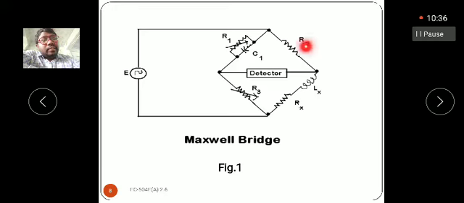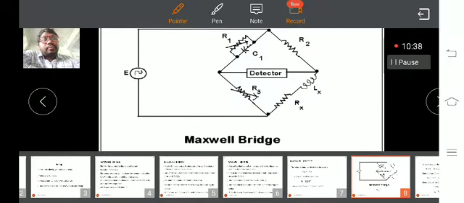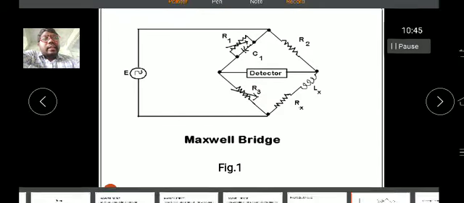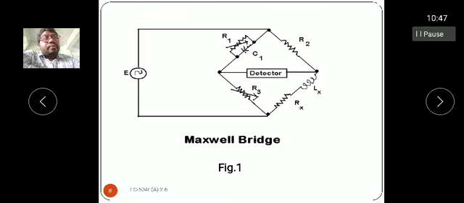The second arm is the fixed resistor R2. The third arm is the variable resistor, and for balancing of the circuit we connect the resistor R3. And the fourth arm is the unknown impedance.